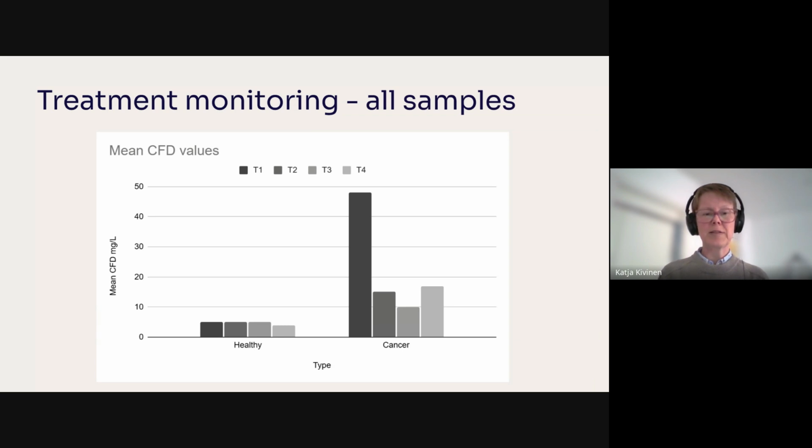Whereas with cancer, you can see on the right, there's quite a lot of variation depending on the cancer and then on the time point. And this is again driven a bit by lymphomas because they tend to show this U-type curve.